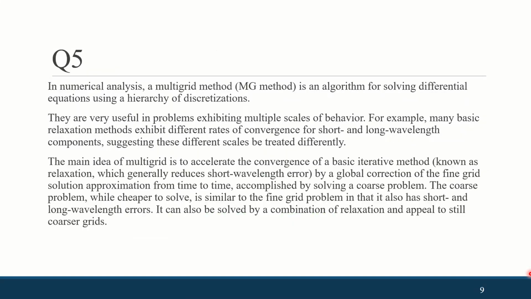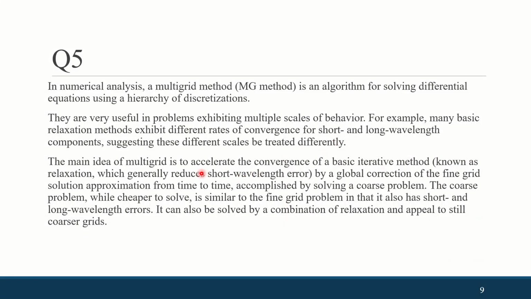In numerical analysis, the multigrid method is an algorithm for solving differential equations using a hierarchy of discretizations. They are very useful in problems exhibiting multiple scales of behavior. For example, many basic relaxation methods exhibit different rates of convergence for short and long wavelength components, suggesting these different scales be treated differently.